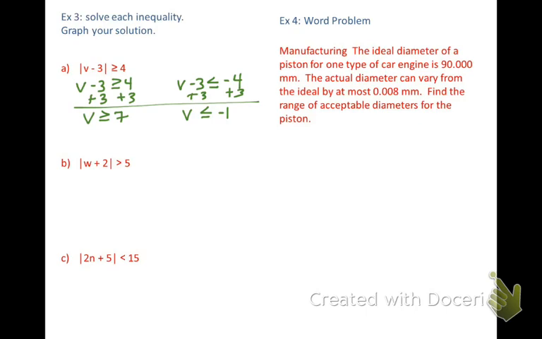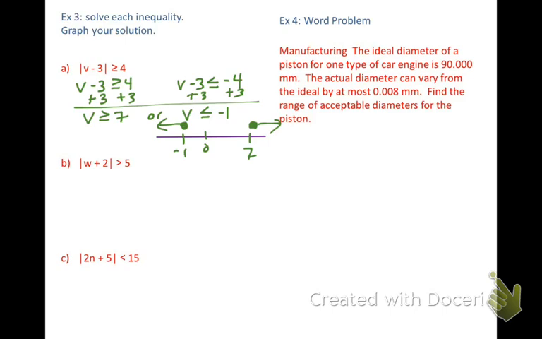Is V between negative 7 and negative 1? No, because V is less than negative 1 and V is greater than 7. So this is an or problem. And then you have 0, negative 1, and 7. Close circles on both. And because of or, they're opposite directions.